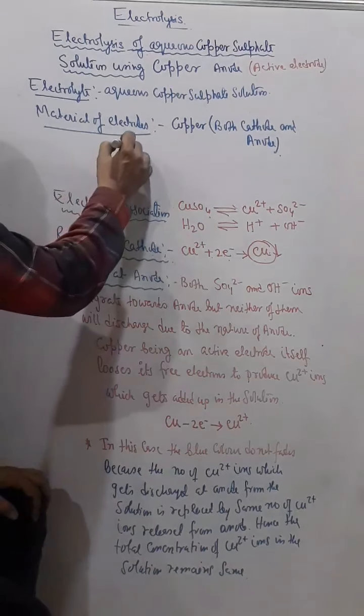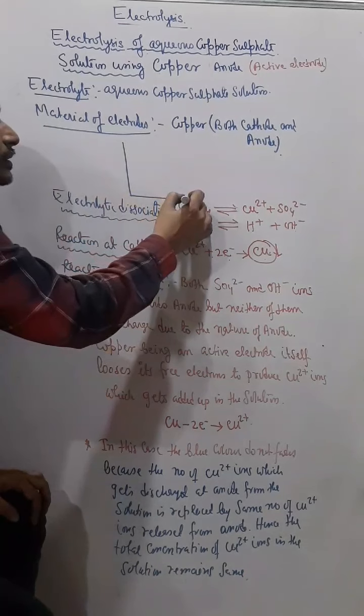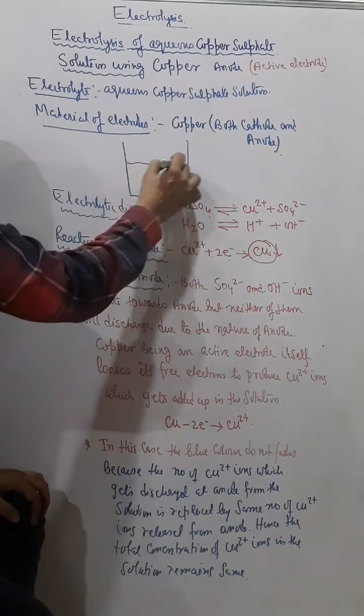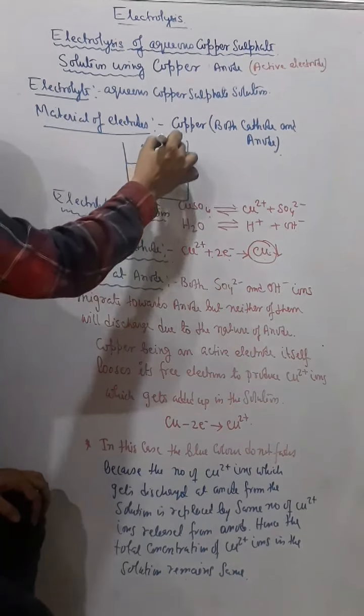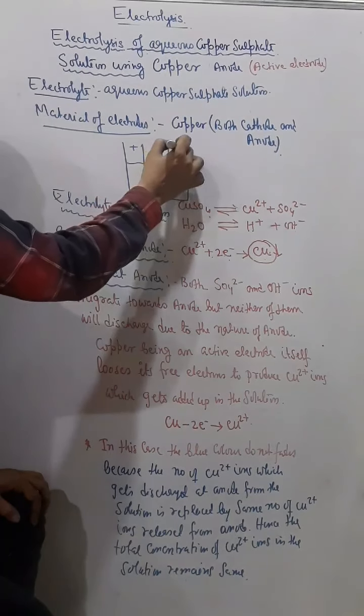Okay, so understand what is happening. If you see, this is the cathode and anode.